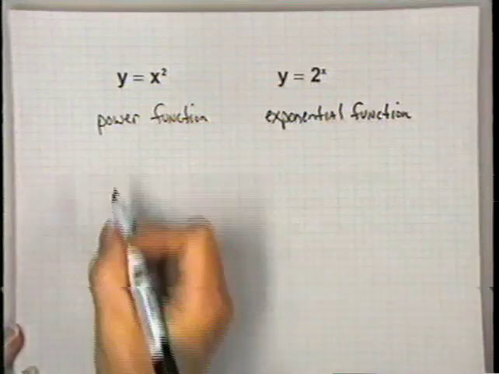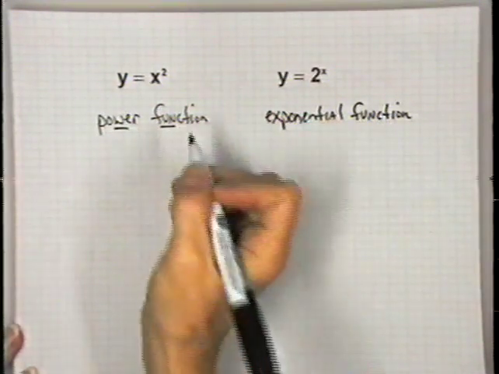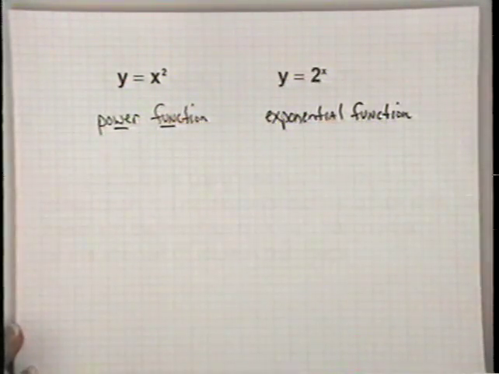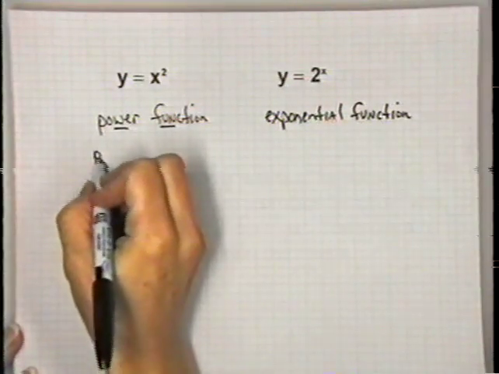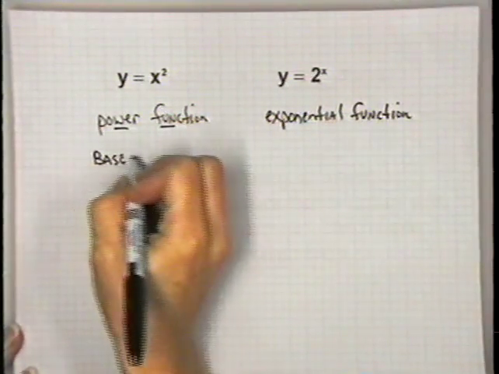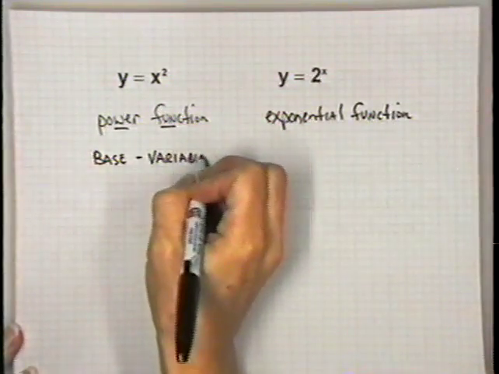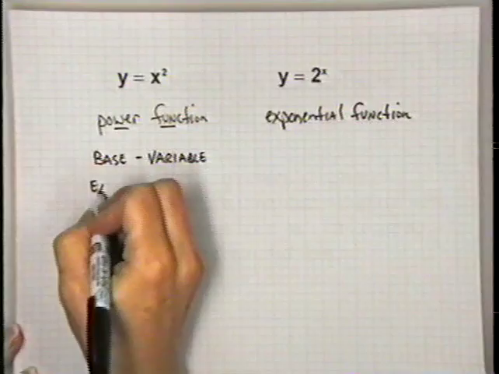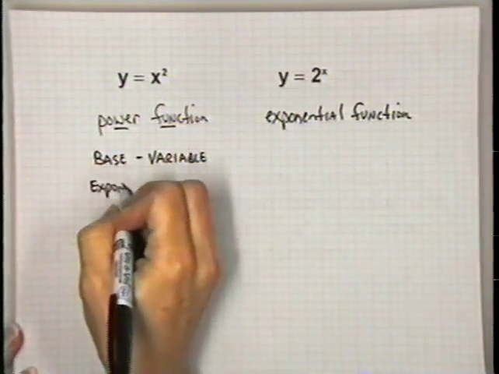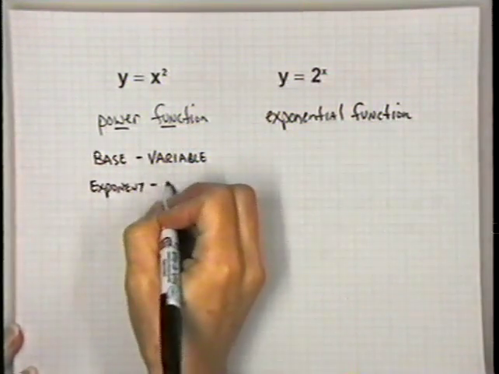In particular, then, a power function or a polynomial function has a base that is a variable, and it has an exponent that is constant.